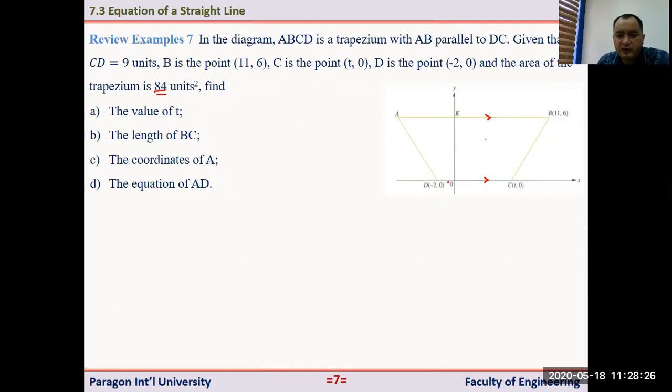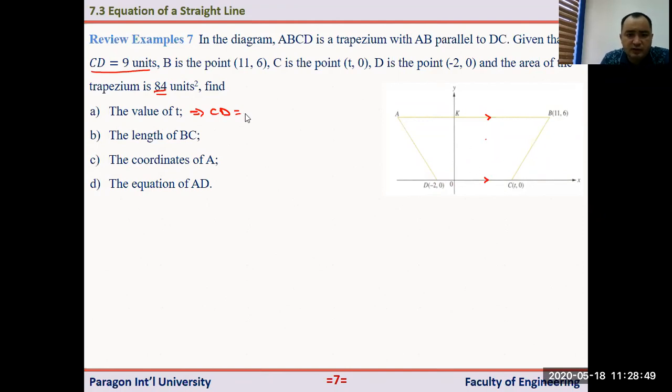So first we need to find the value of t. And from this, we know that CD is given, right? CD is 9 units. To find the distance between 2 points on the x-axis, we just subtract the smaller one from the bigger one, right?